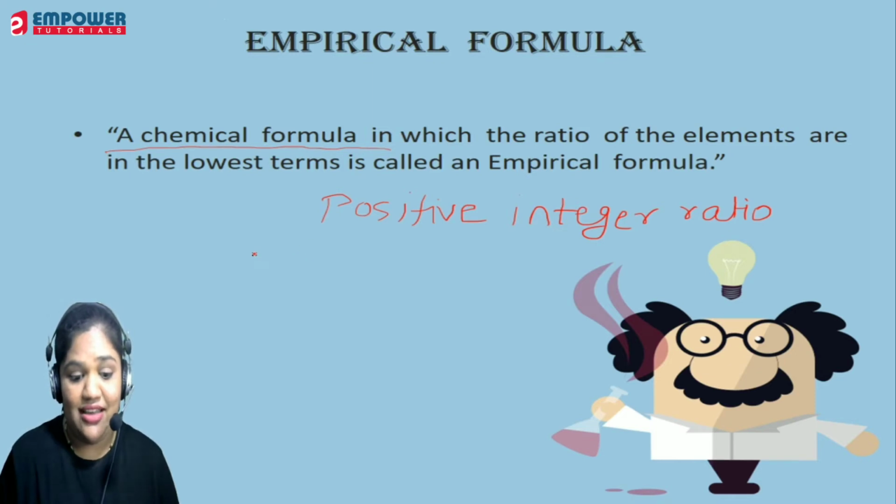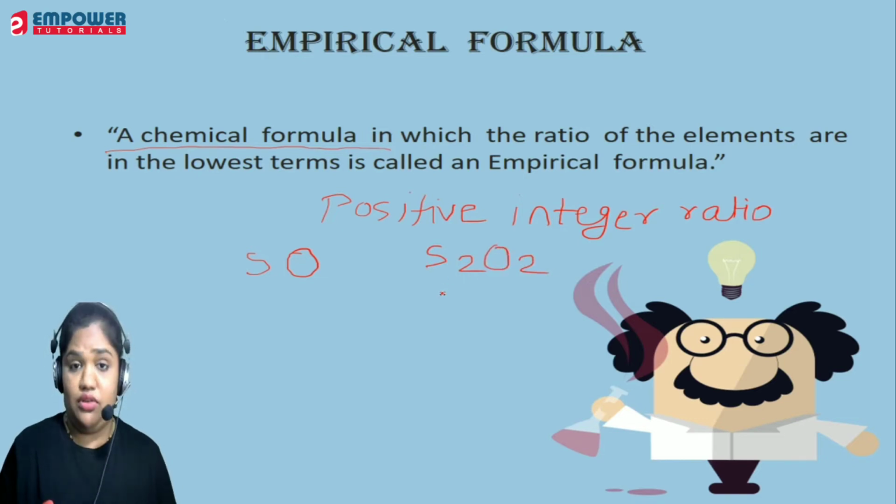As you can see, SO and S2O2. Now here there are two compounds. The first one is sulfur monoxide and the second one is disulfur dioxide. Now here the empirical formula of disulfur dioxide is SO. How?